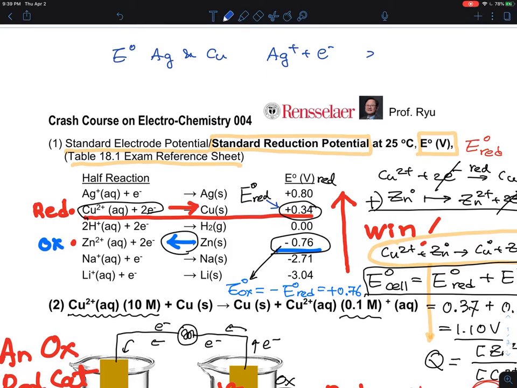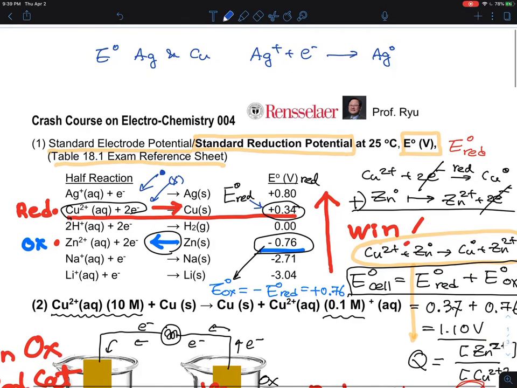This computer is doing something funny. Okay, so Ag is the winner in this competition, and this is a loser, right? So I'm going to rewrite this equation flipped the other way. Copper will be losing 2 electrons into copper 2 plus. So those are the two half reactions, and the reduction potential is the same, so 0.80.